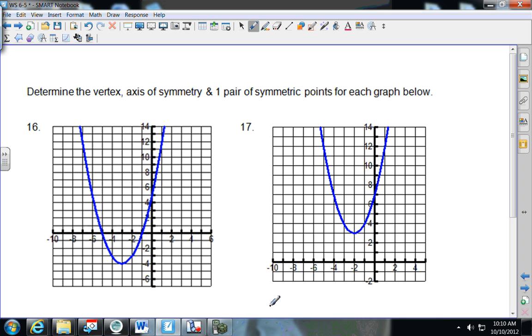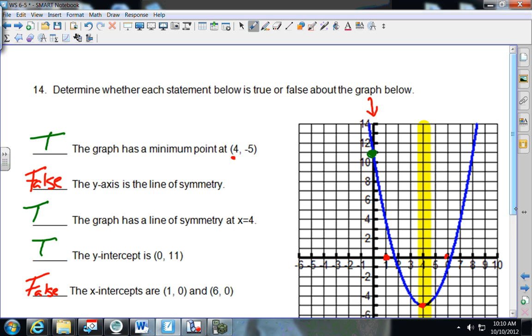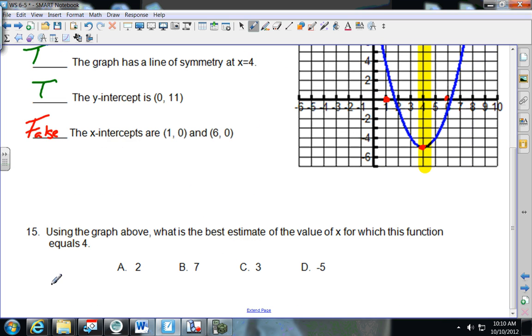Here's the next problem. Oh, I missed one. Hold on. What happened? There we go. Using the graph above, what is the best estimate of the x value for which the function equals 4? Function equals 4. That's going to be where y equals 4.